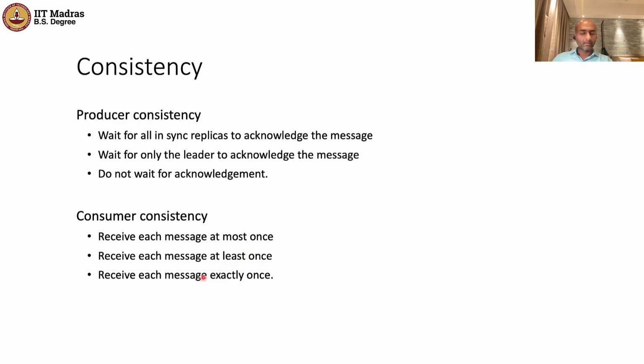The third is basically the scenario where you're receiving every message exactly once. And fundamentally, when we as humans, as developers, design systems, we always try to design for this, right? We try to design for a deterministic world where everything happens exactly as planned, and everything just goes smooth, right?